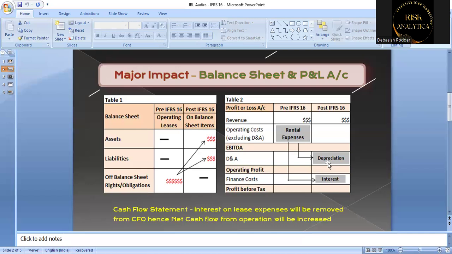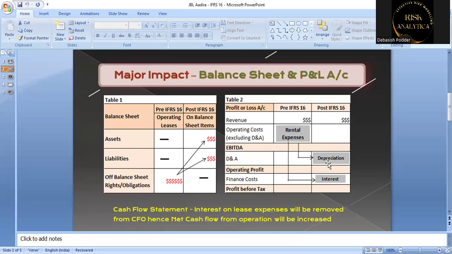Similarly, a corresponding amount of lease liability or loan will be added to the liability side, which means that total debt will be increased. Now, just make the connection. Since we are using right of use asset as part of tangible fixed assets, which we can touch, for the purpose of our operation, we are utilizing that asset.